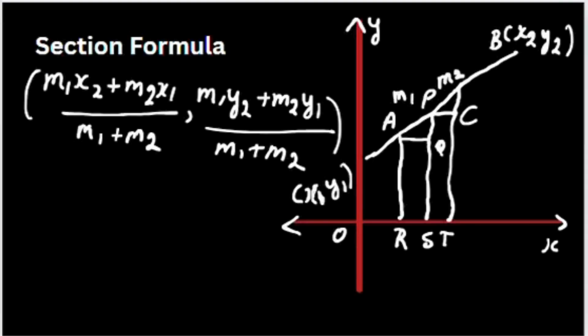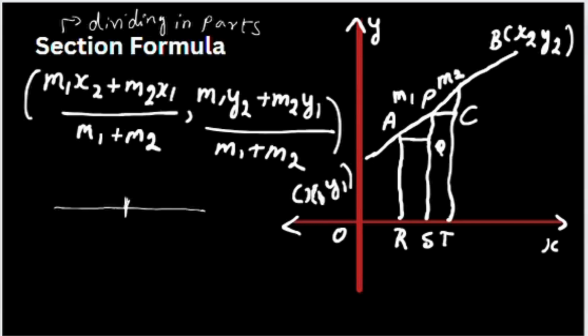Now the section formula. What do you mean by section? Section is dividing into parts. If I take a straight line, I am dividing it into two parts in the ratio 3:4.